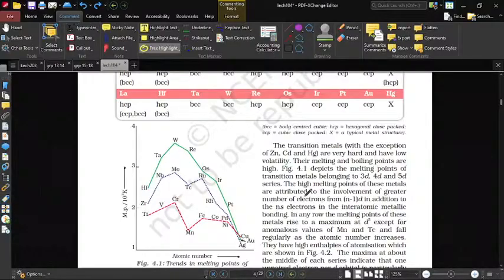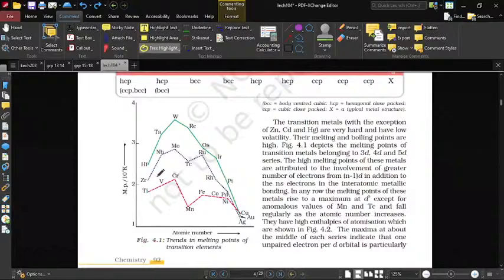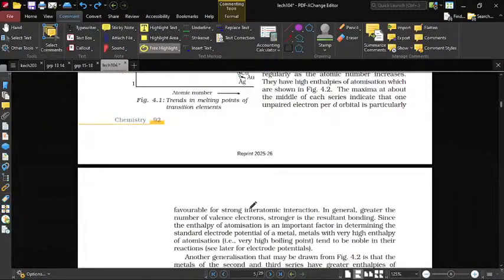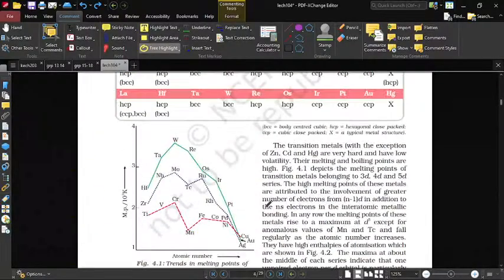In any row, the melting points of these metals rise to a maximum at d5, except for anomalous values of manganese and technetium, and fall regularly as the atomic number increases. They have high enthalpies of atomization as shown in figure 4.2. ये देख लेंगे. The maxima about the middle of each of the series indicates that one unpaired electron per d orbital is particularly favorable for strong interatomic interaction.